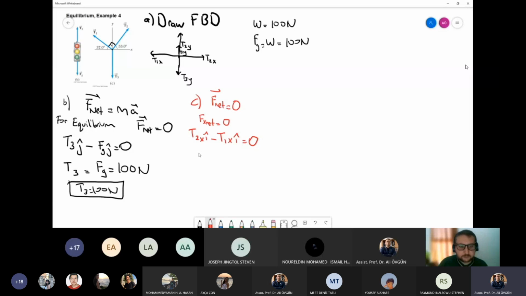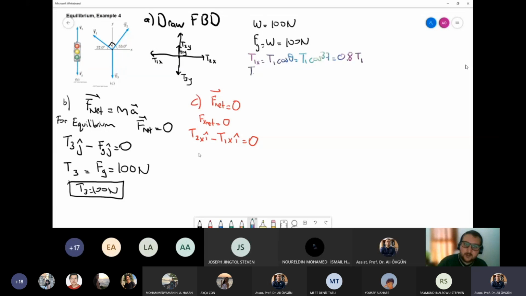So what are these forces and how can you calculate them? T1x equals T1 cosine theta. What is T1? You don't know T1. Theta is 37, so let's calculate the cosine. Cosine 37 is equal to 0.8. So it is 0.8 T1.